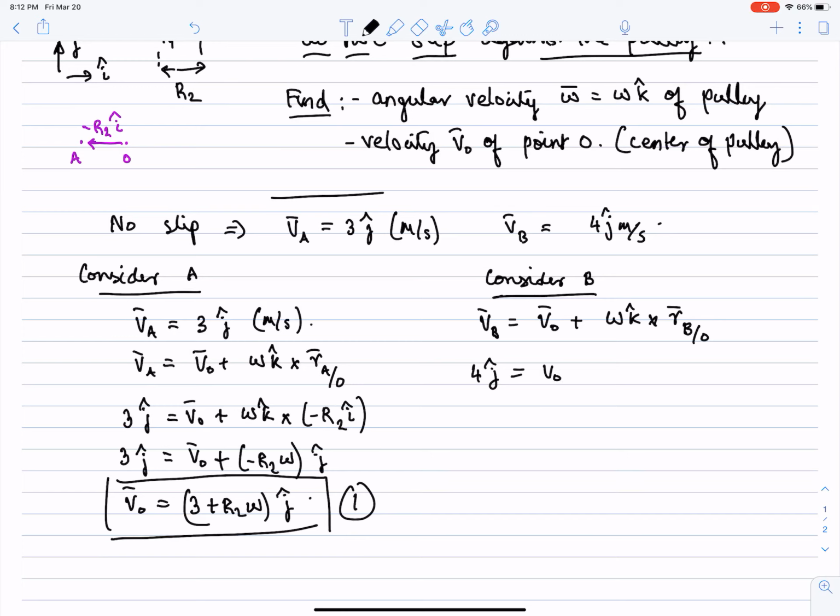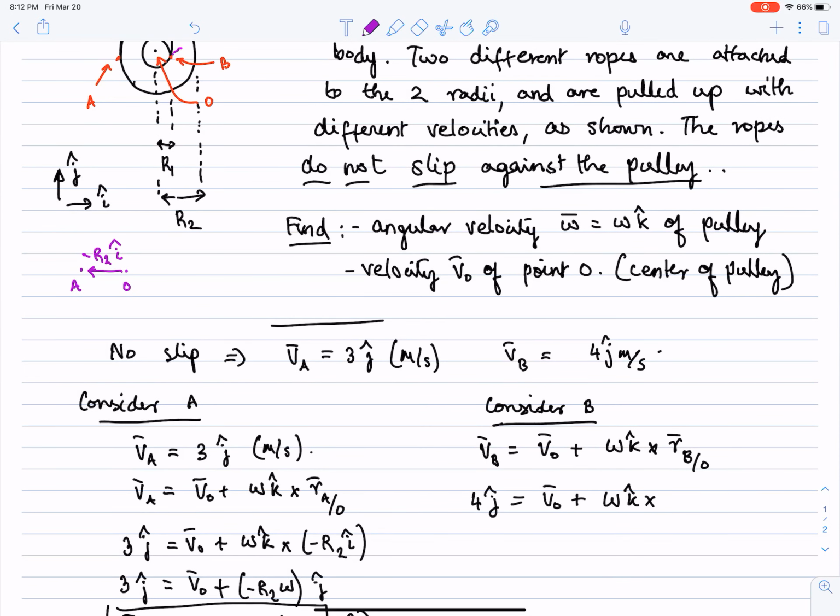VO is unknown, so we just leave it as it is, plus omega k cross RB with respect to O. So B is here, O is here, so the vector from O to B is basically R1 i.